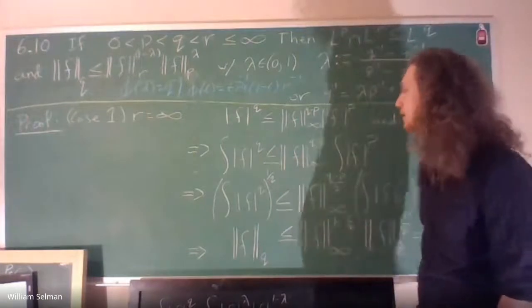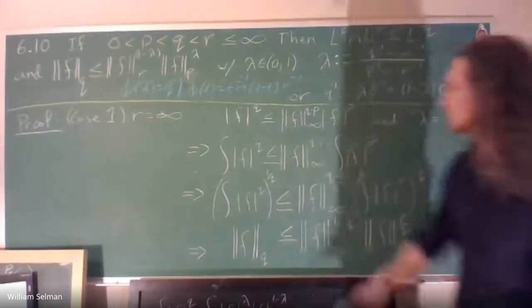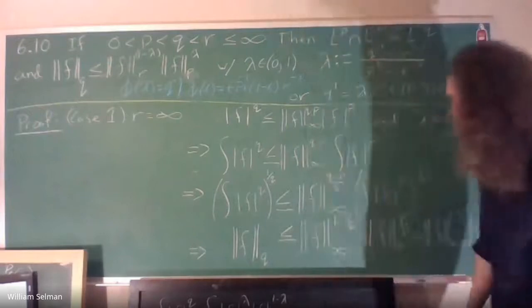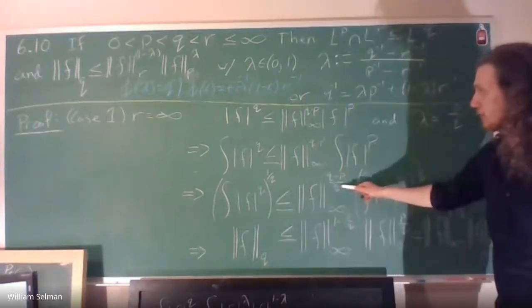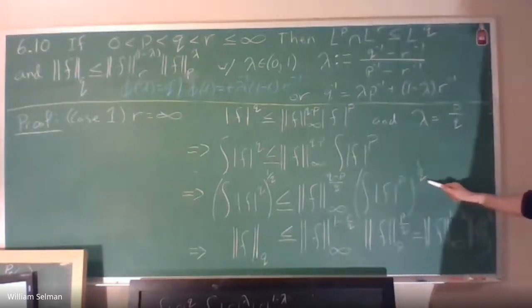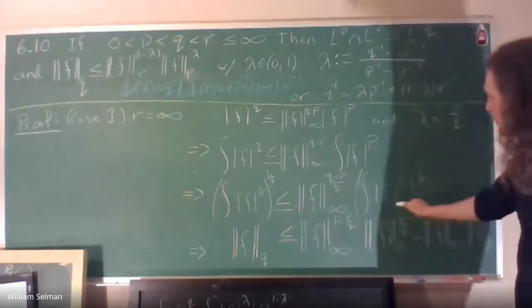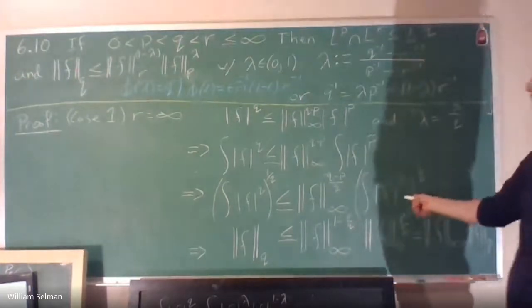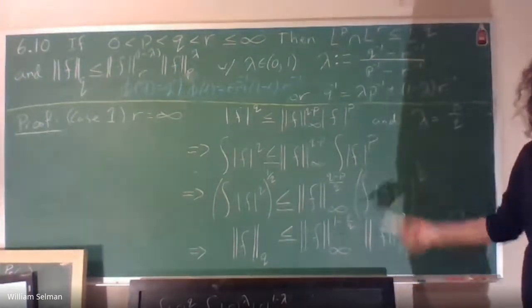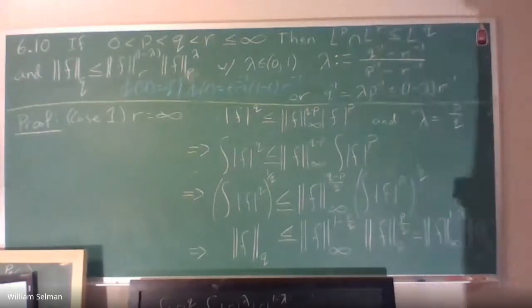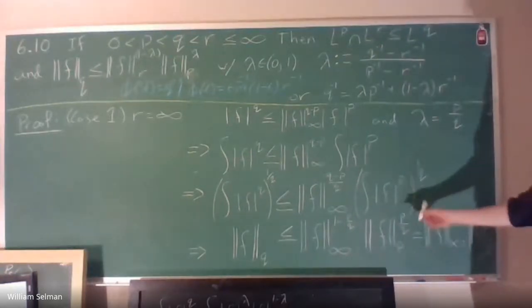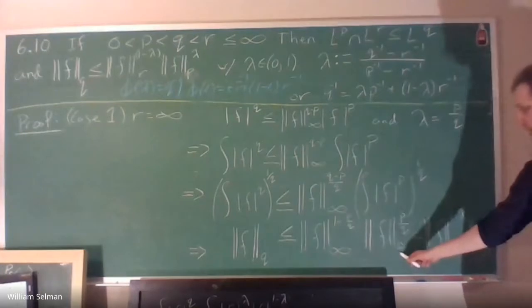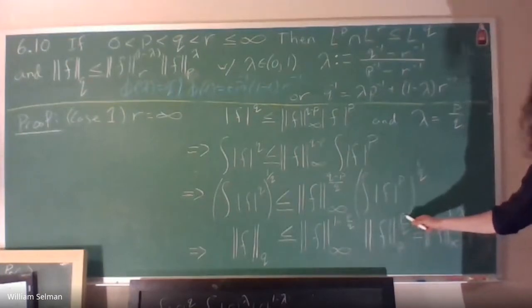Now, by taking the qth root of both sides, we get a fractional exponent there, and then this raised to the 1 over q. We note that the integral of the absolute value of f to the p is the p norm of f to the pth power.